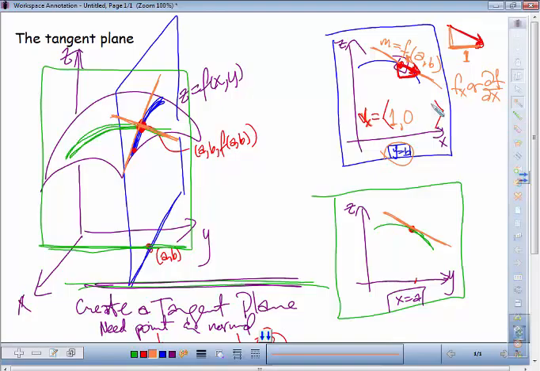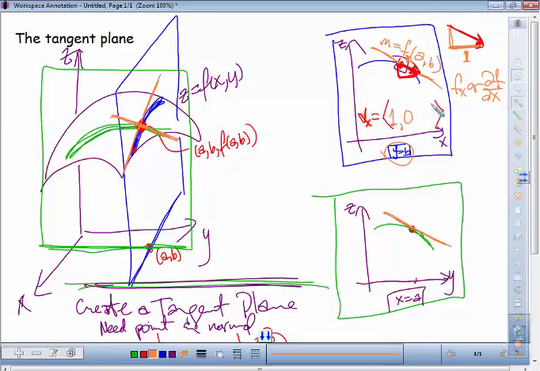So, what's my last component? Rise over run, slope. Run equals 1. It's just the partial derivative. Why?